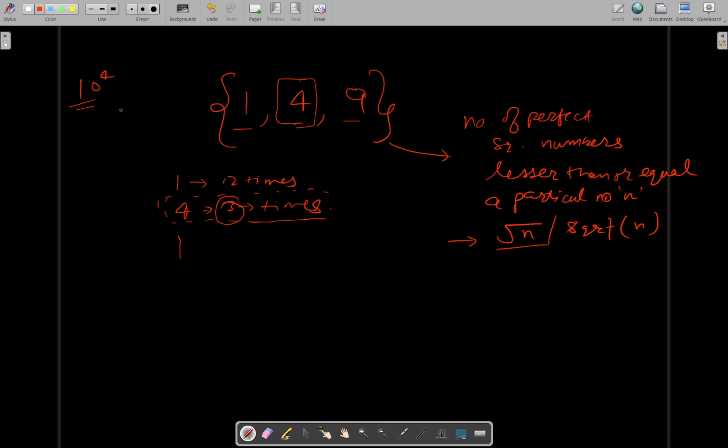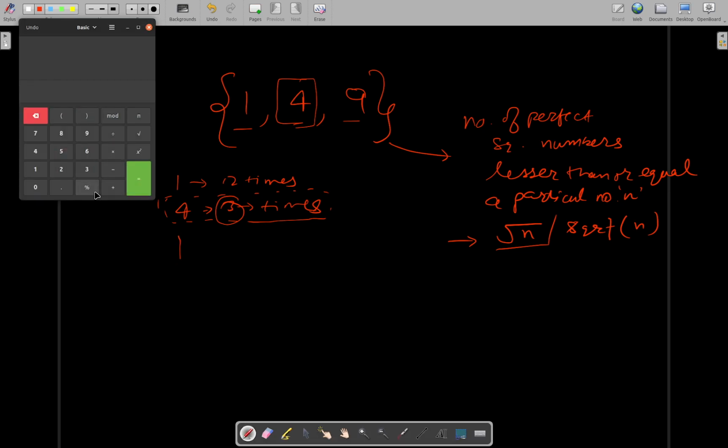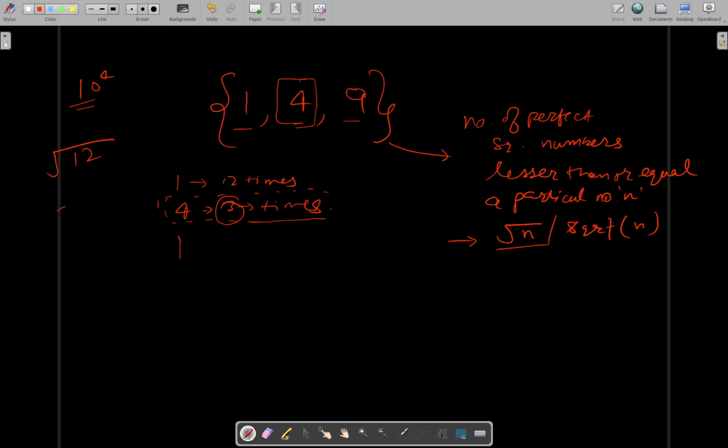So if you see the square root of 12, it's 3 point something. If you take the integer value only, it is 3, so there should be 3 numbers that are perfect squares and less than n. So indeed these are 3 numbers only.